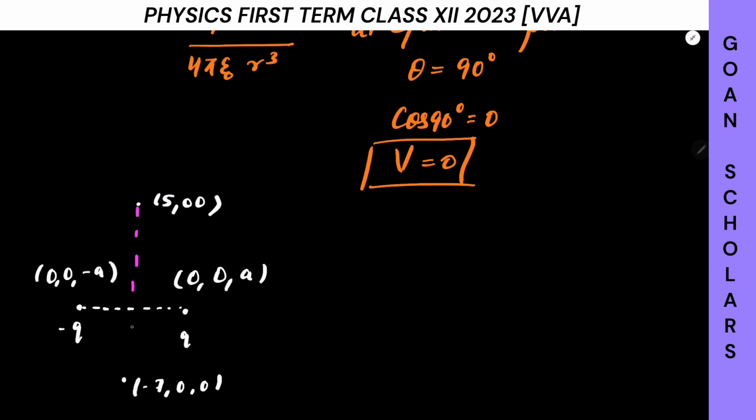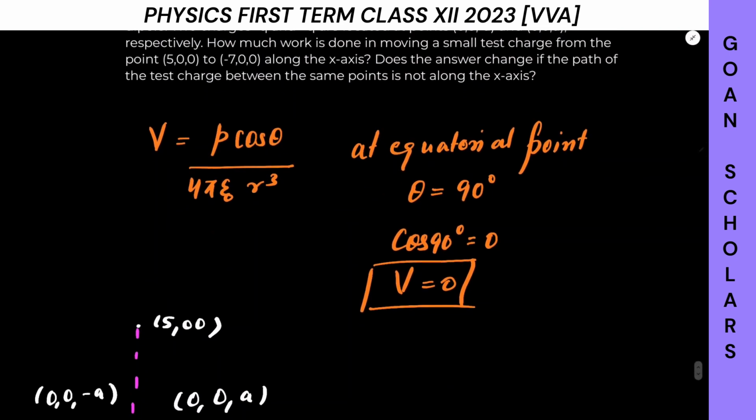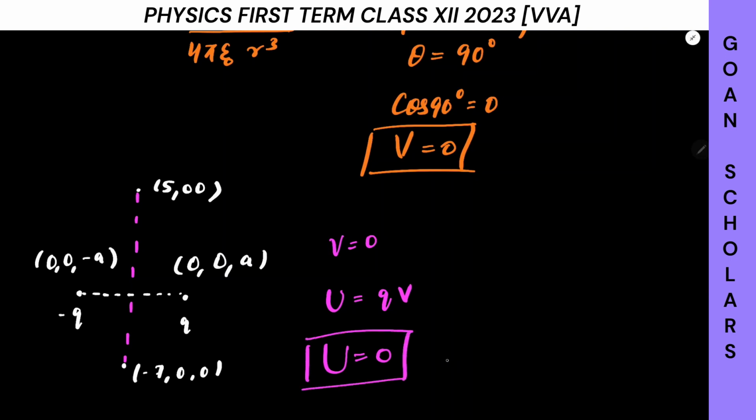The path is perpendicular to the z-axis, and the origin lies on the perpendicular bisector, so the potential there is 0. So V is 0. If V is 0, what is U? U is the work done, the potential energy, that is charge times potential. So no matter what the charge is, the work done will be 0. The correct answer here is work done is 0.